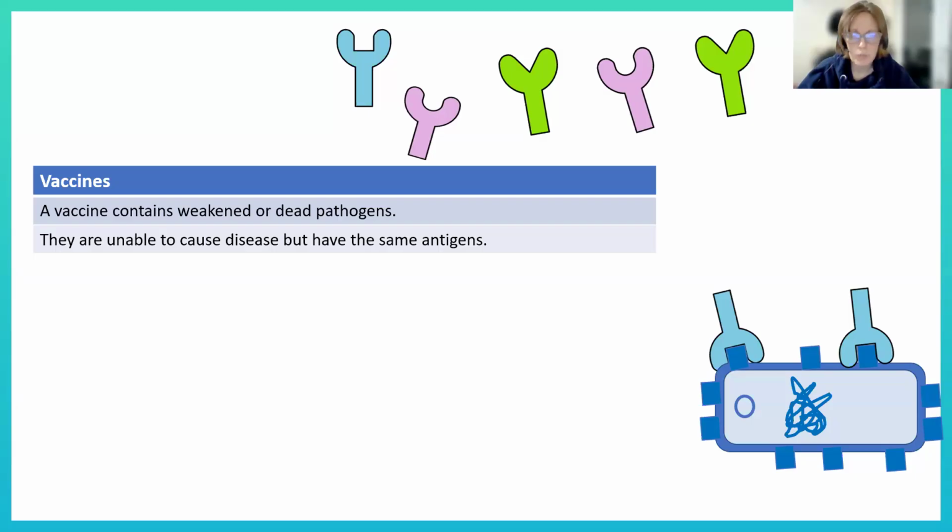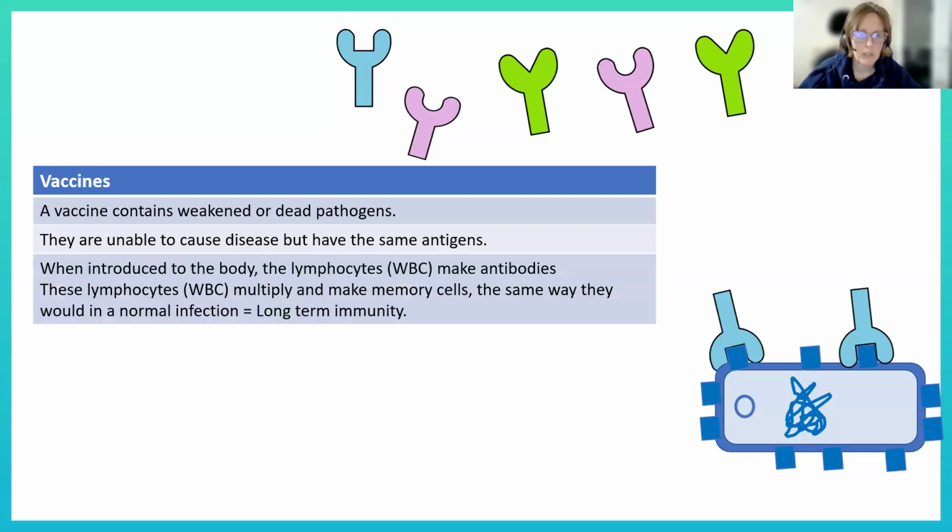So vaccines don't cause disease. They've either got dead pathogens, so they've been killed in the case of bacteria, or weakened, or slightly related, or just bits of the pathogen. But whatever you have, they're unable to cause disease, but they have the same antigens. When they're introduced to the body, the white blood cells will then make antibodies in the normal way. The B cells will make memory cells in the normal way.